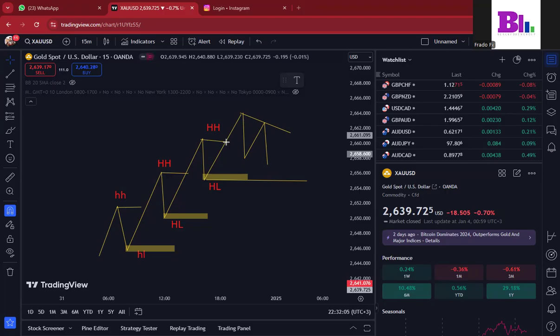But when you see there is no break of structure in an uptrend, that signifies the market is about to reverse to a downtrend. Here you can see we expected a break of structure above, but what do you see? The market formed lower highs.